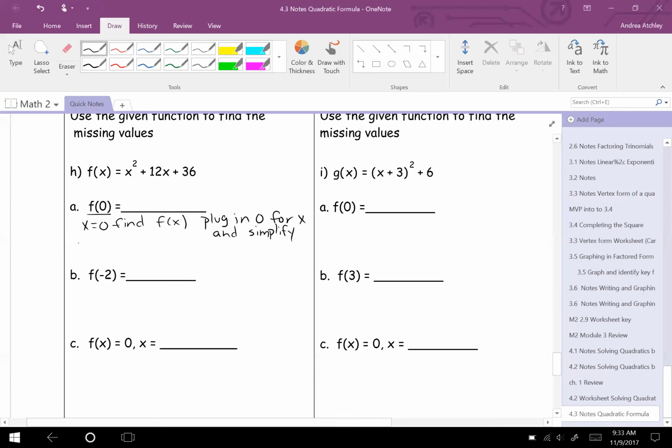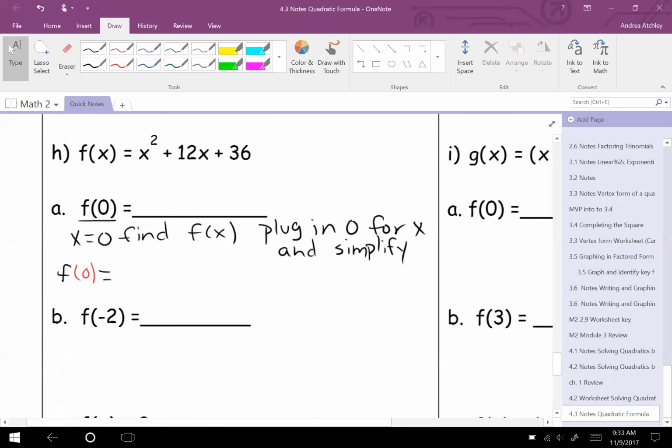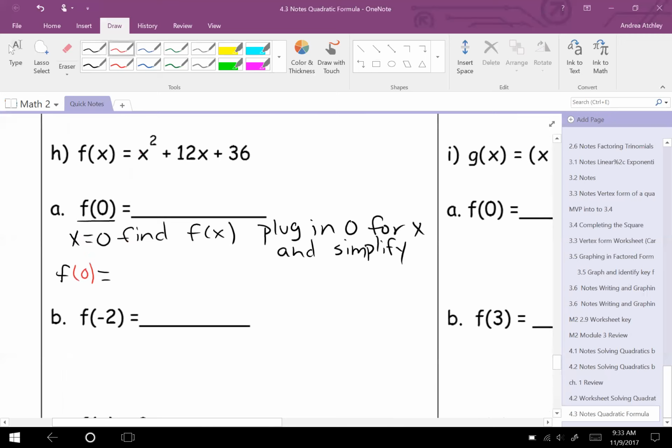So you're going to get f of 0 equals, we're plugging in for the x here, so it's going to be 0 squared plus the 12, plugging in 0 for x, times 0 plus 36.